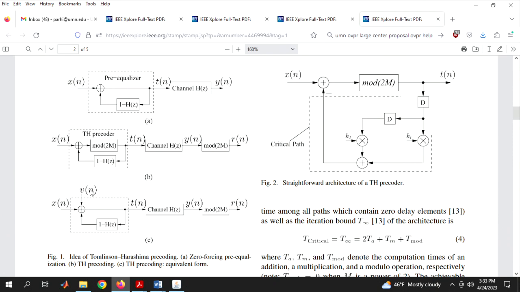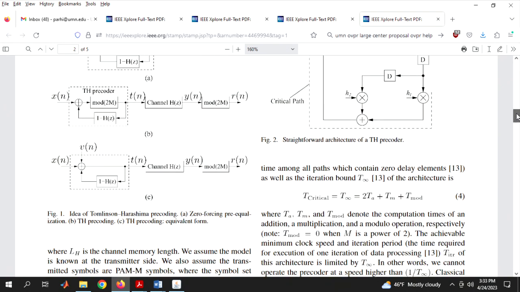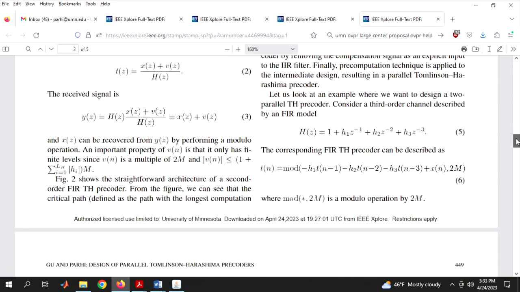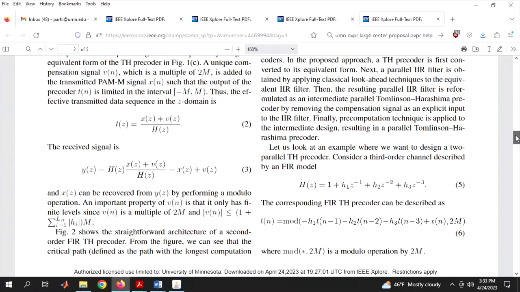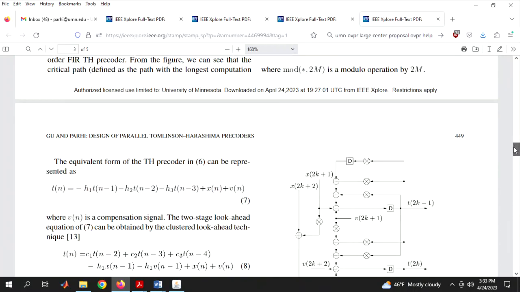So this V n is that quotient times 2m, and that's a compensation signal that I can add, and then I can treat this whole thing as a simple IIR filter and apply the look ahead to this equation here, and then finally substitute back that compensation signal that can be derived from T of n. So that's the equivalent idea. There is a little bit of manipulation that goes into that.